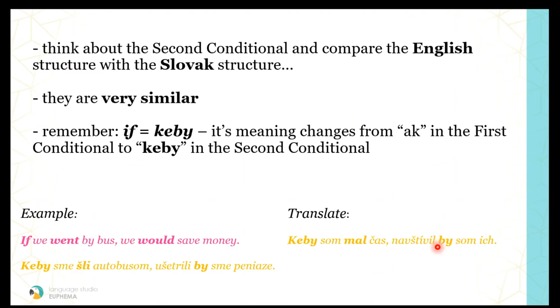I said that you have to use would and infinitive if you want to translate this one for the second conditional. So your sentence should sound like this. If I had the time, I'd visit them, or I would visit them. Okay? So keby, if, mal, past simple had, navštívil by som ich, I would visit them.